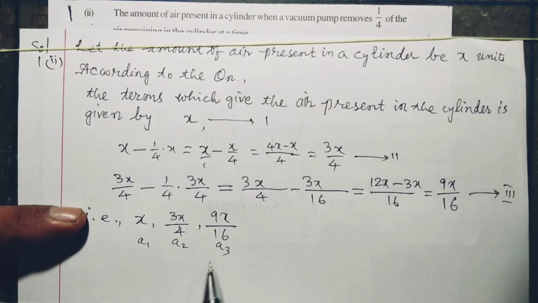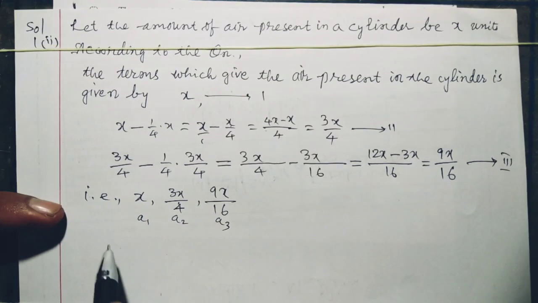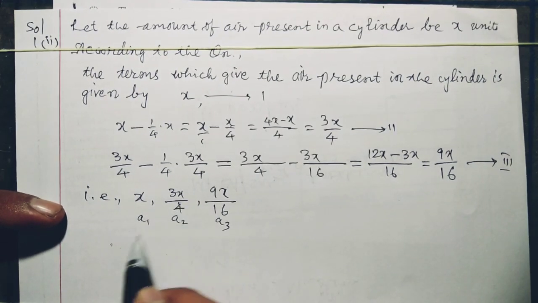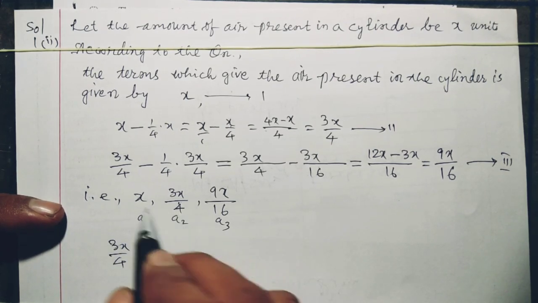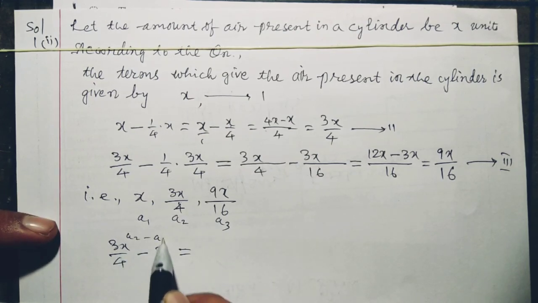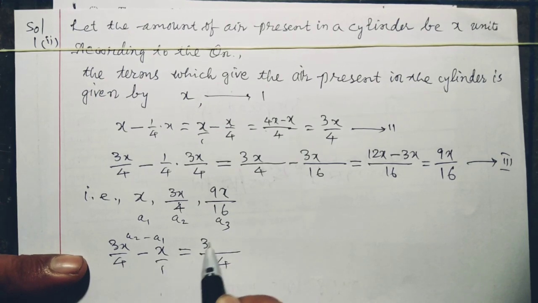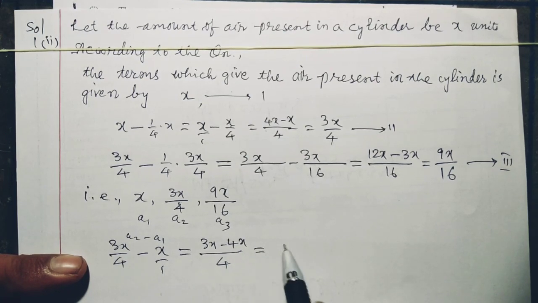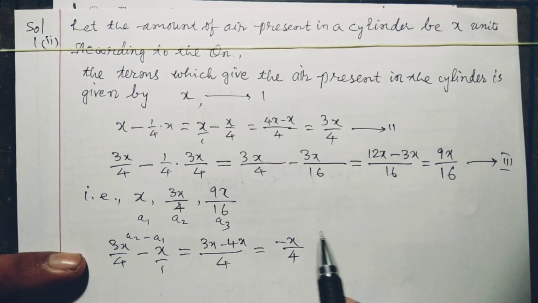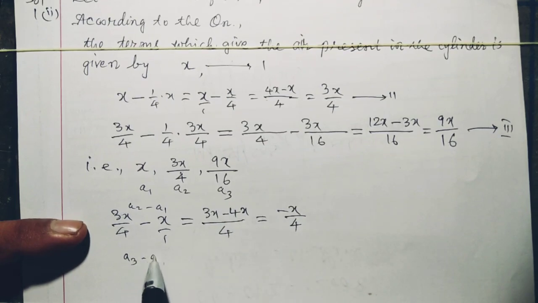Now we have to check the difference of these terms, that is A2 minus A1, 3x by 4 minus x. Here LCM 4, 3x minus 4x is equal to minus x by 4. Next A3 minus A2.